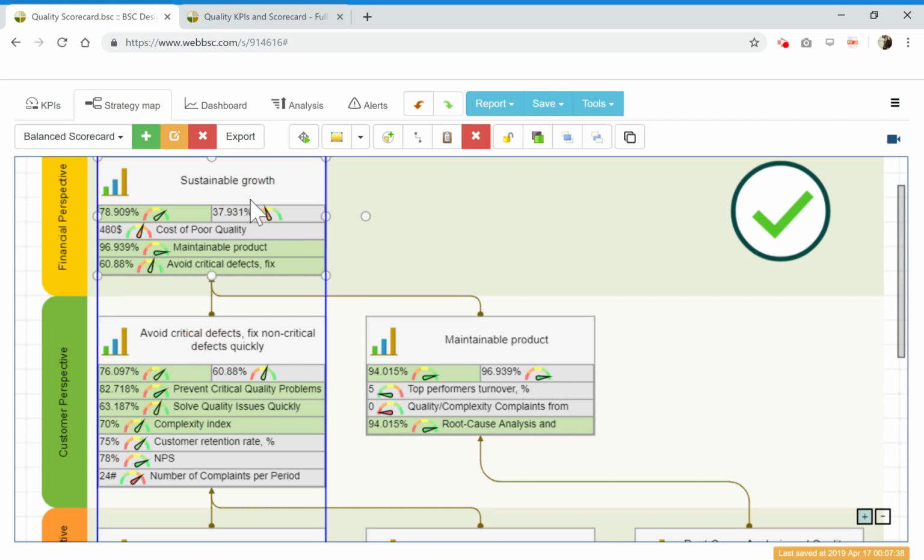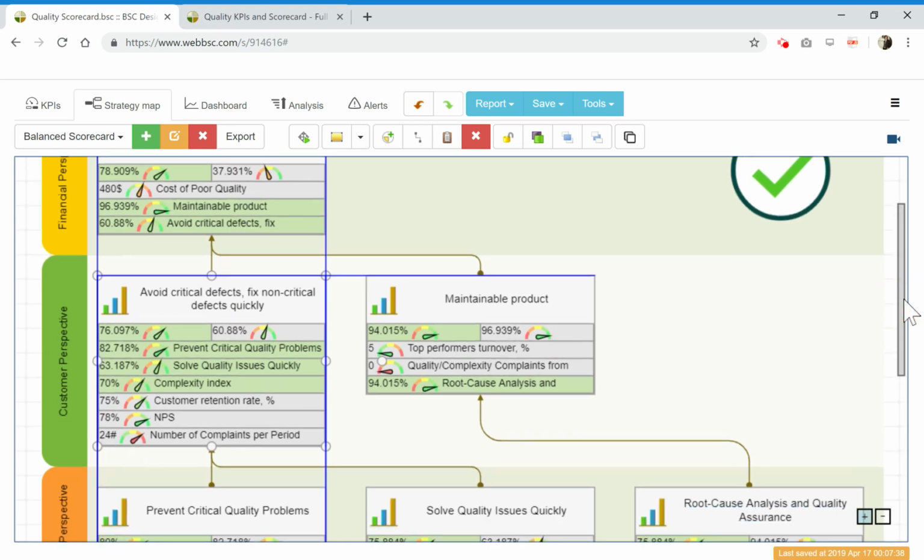Okay, so we have a goal, sustainable growth, and we know that to achieve this, we need to satisfy the needs of our customers. And the question is, who is our customer? Because when I say customer, probably you imagine some end user, but it's not always about the end user.